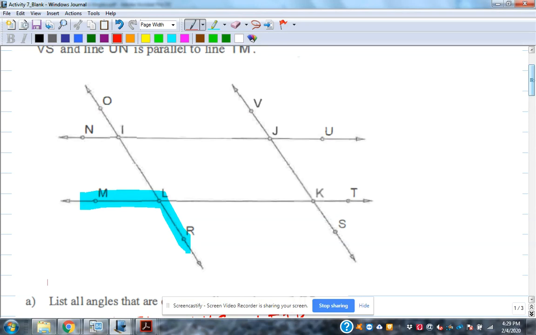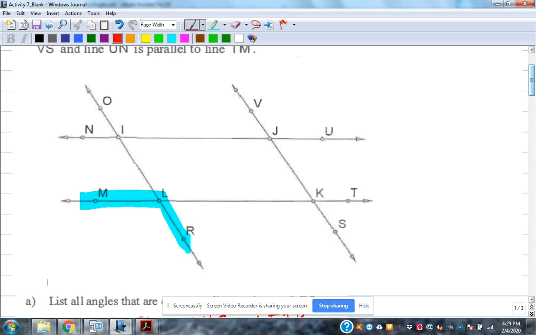Right. It's a different transversal, yeah. That would technically be a vertical angle instead of corresponding.